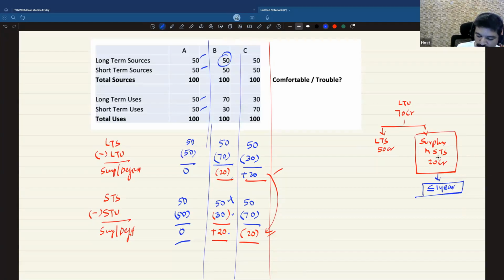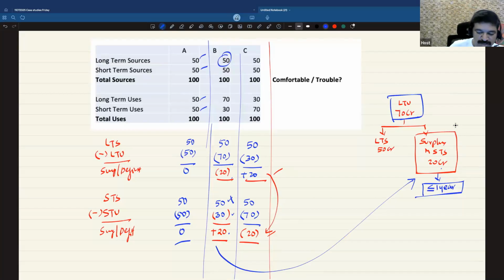Right? So this 20 crore, which has been used from short-term source for creating a long-term use, is actually a disaster. I repeat once again. Let's say this company has invested 70 crore in land. And for that, the corresponding source is 50 crore of long-term money, maybe the term loan or capital, whatever.